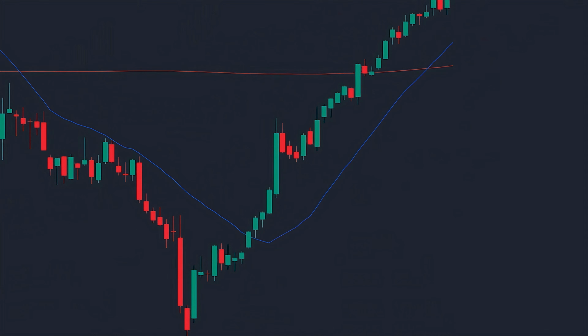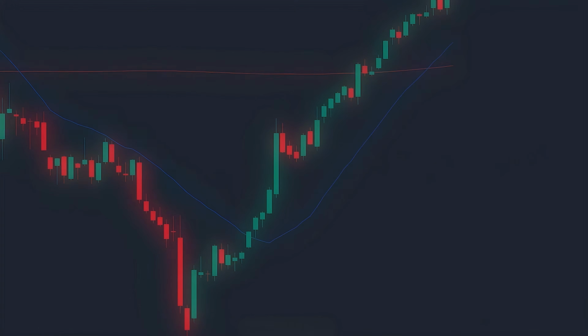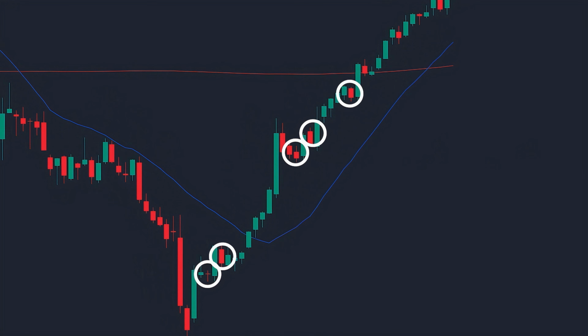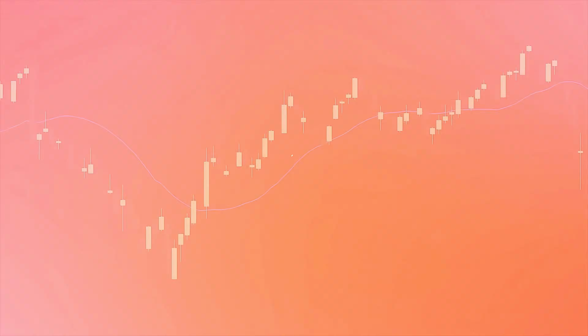There's little to no interruption in the multiple bar run to the upside. All right, there's little to no interruption. So if you get an interruption, it's brief. All right, so there's little to no interruption to the upside if you're getting the multiple bar version of the strong move to the upside.